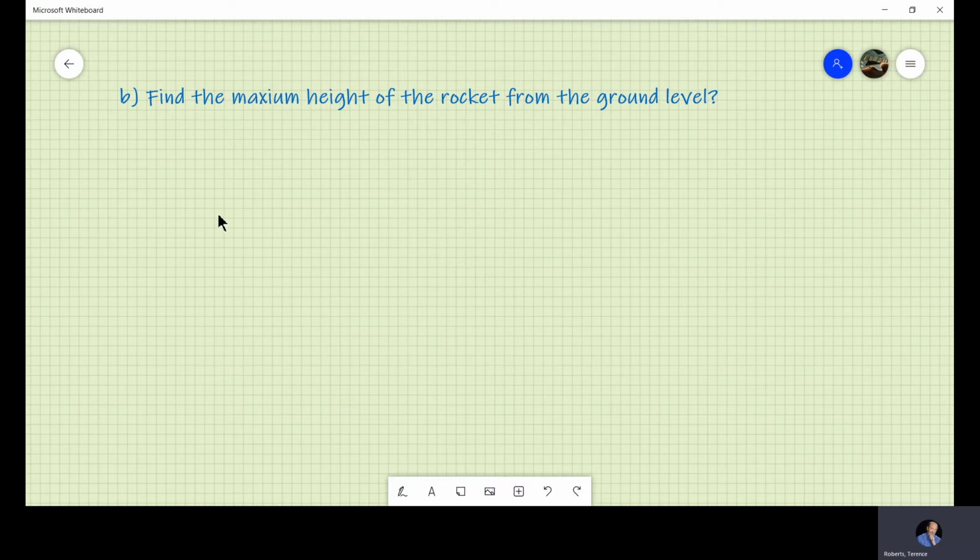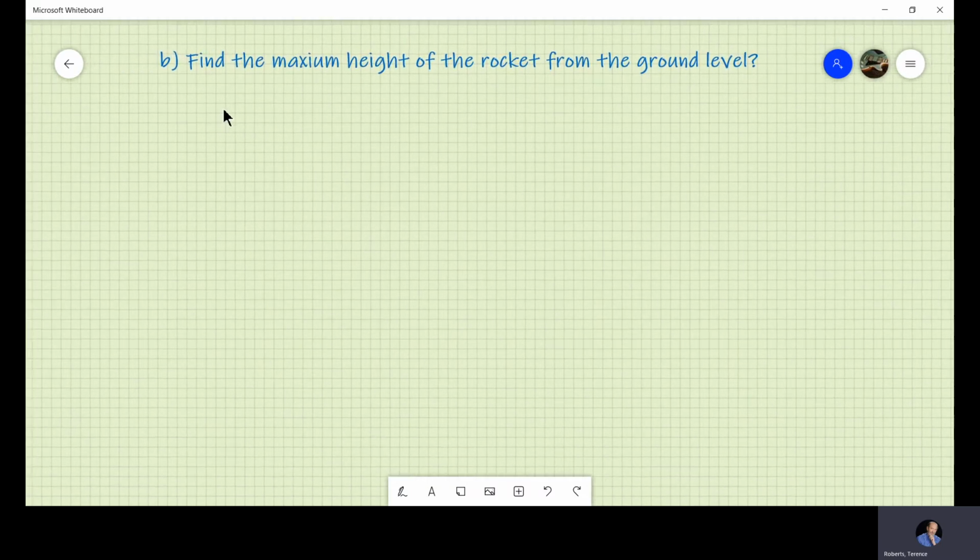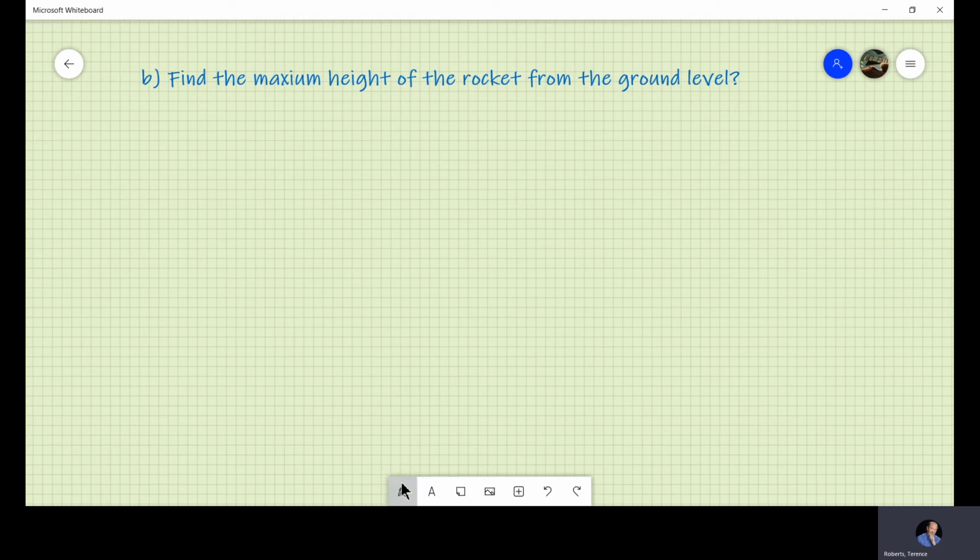So we need to first find the maximum height in the positive part of the curve. What does that mean? Well, it's coming off the building, and then it reaches the level part that is at the same height as the building right here, and then it's coming down to where it hits the ground.